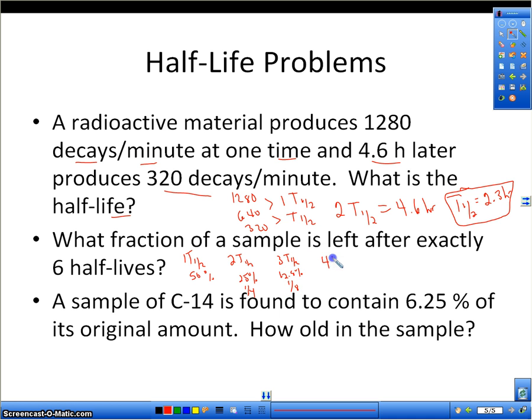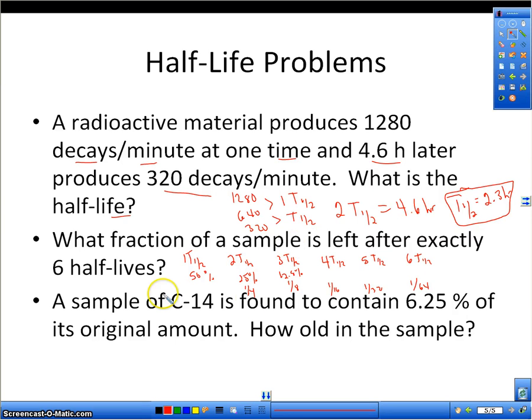After 4 half-lives, we're at 1/16. 5 half-lives is 1/32. And 6 half-lives is 1/64. So the fraction remaining is 1/64 of the original.